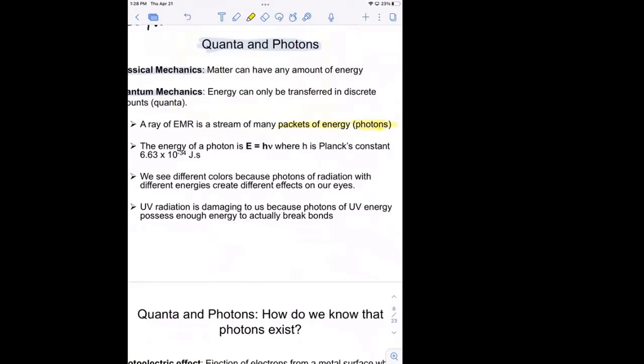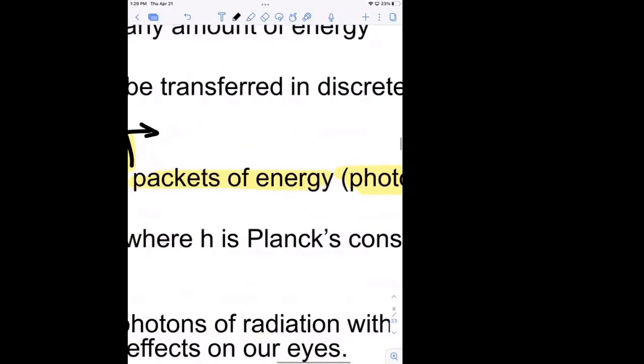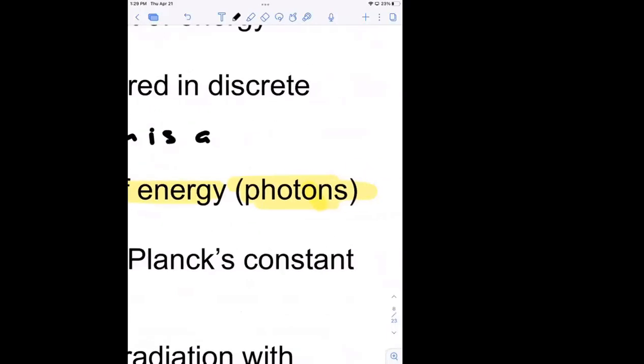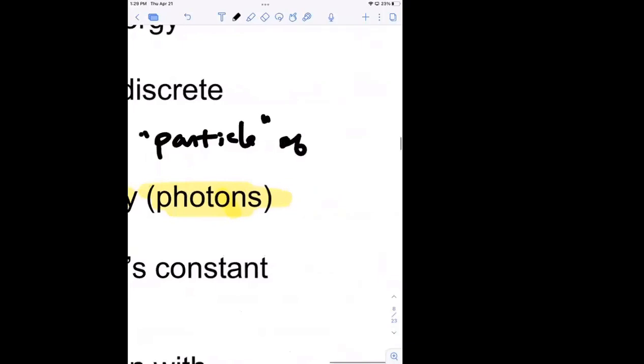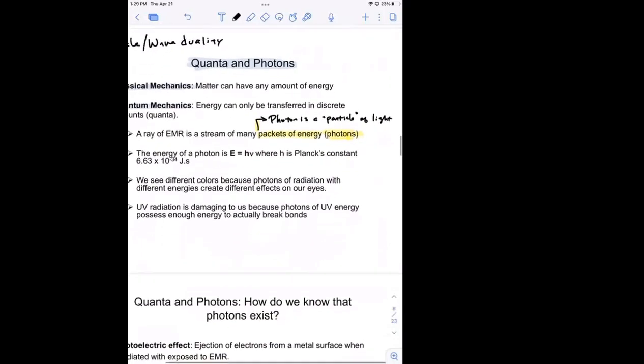So what a photon is, it takes the particle characteristics of light into consideration. So a photon is like a particle of light.